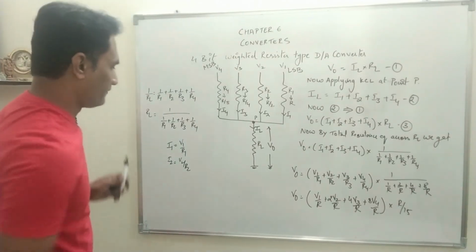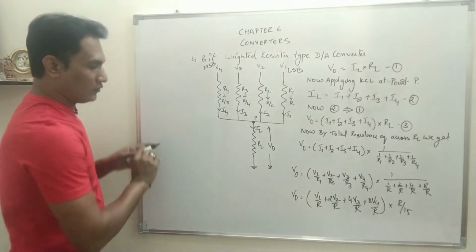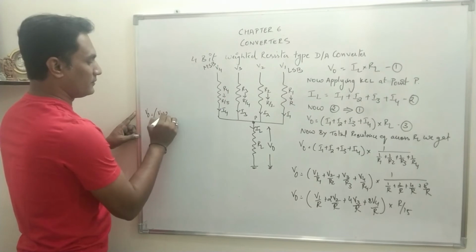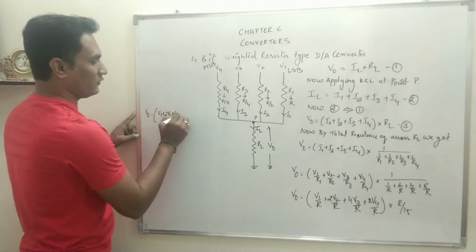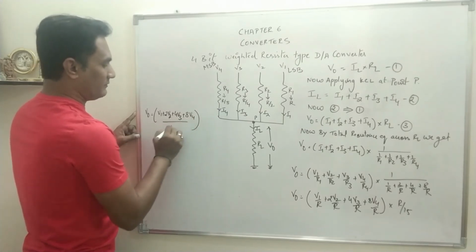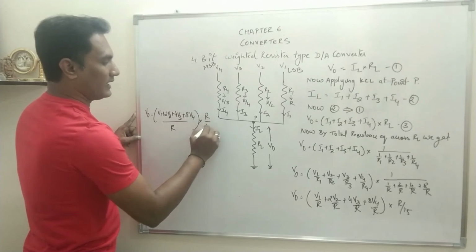So the output voltage equation V0 will be V1 plus 2V2 plus 4V3 plus 8V4 divided by R multiplied by R by 15.